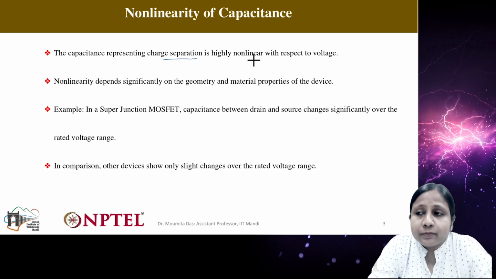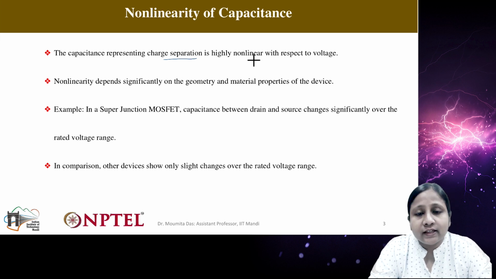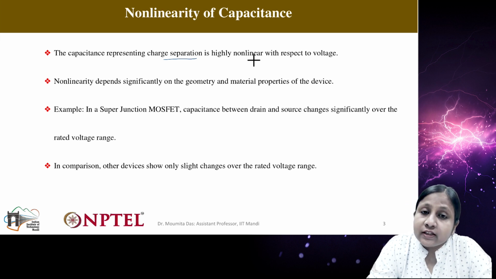That means, if any particular device is rated for 1000 volts, and the voltage changes with the operation, so for some loading condition the voltage is 100 volts, for some loading condition it changes to 500 volts, or for some loading condition to 900 volts, these capacitance values will also change.